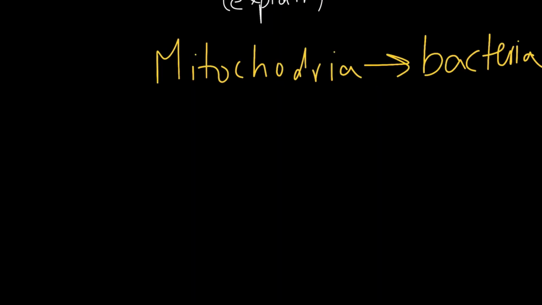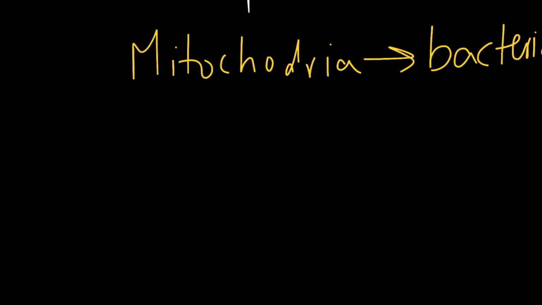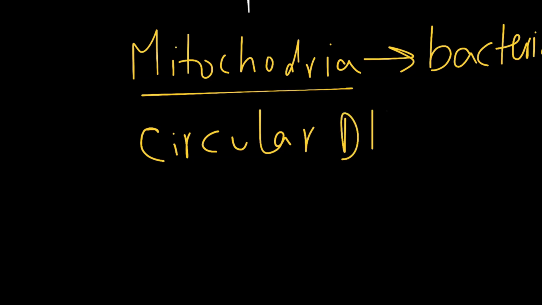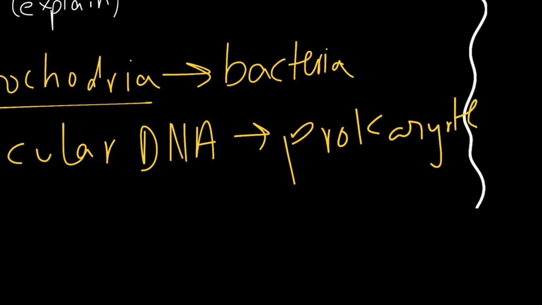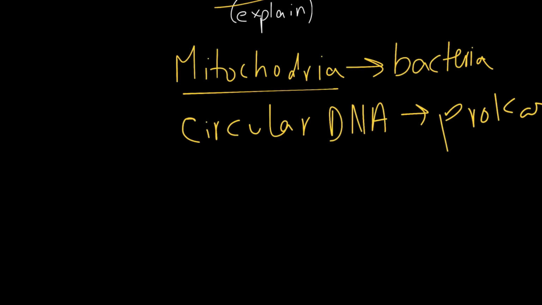The few proofs that show this are that mitochondria have their own circular DNA, right? And similar DNA is present in prokaryotic cells. That's for circular DNA.